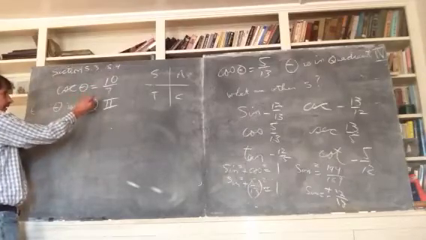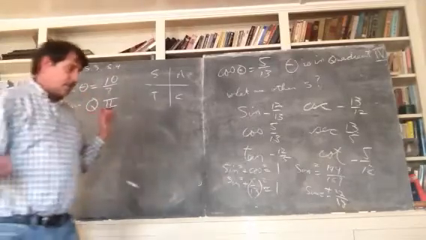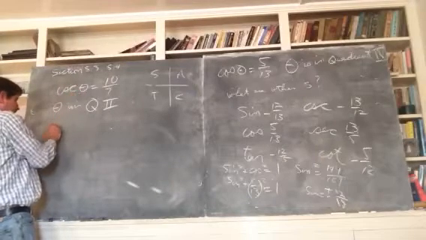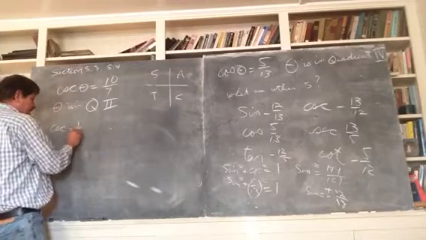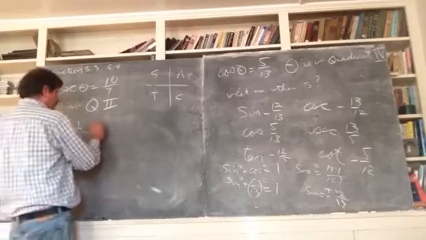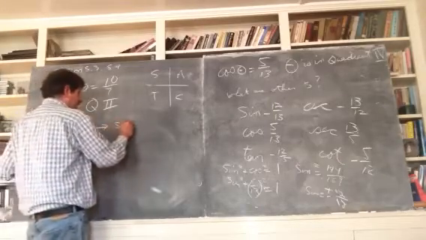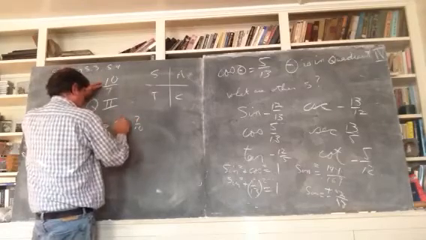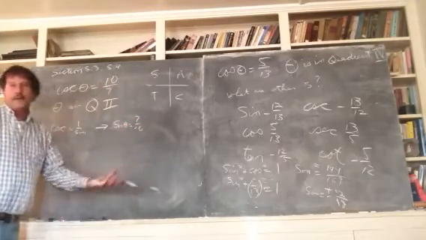So the first thing is cosecant is 1 over the sine. Cosecant and sine are reciprocals, so it implies that the sine is 7/10. Sine of theta is 7/10. And there you go.